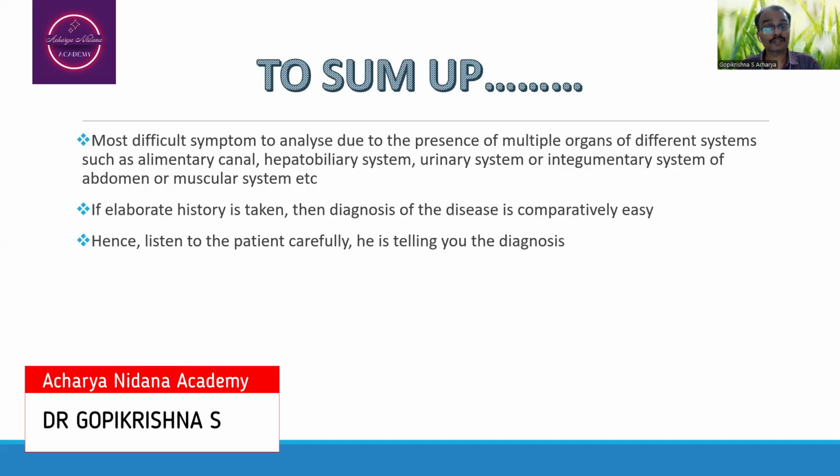The cases may indicate either alimentary canal dysfunction, hepatobiliary system dysfunction, urinary system dysfunction, or the integumentary system or muscular system of the abdominal area can be considered. Or otherwise, on some occasions, even cardiac dysfunction may also be possible.